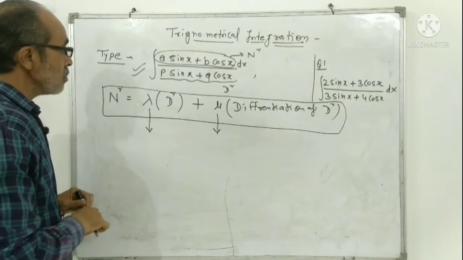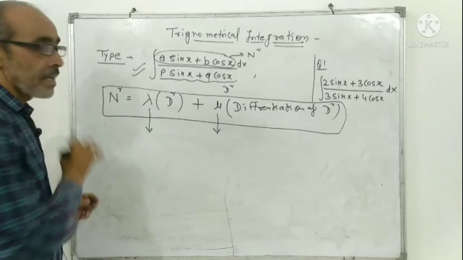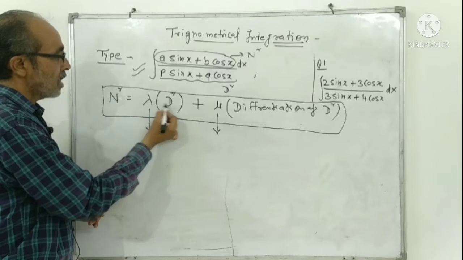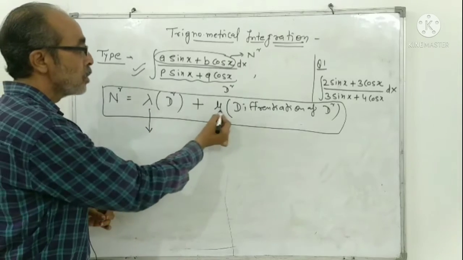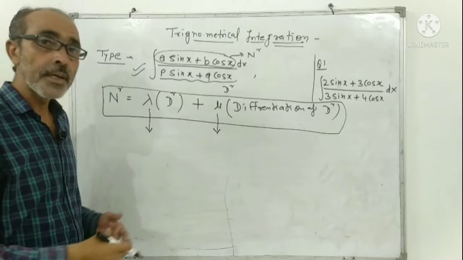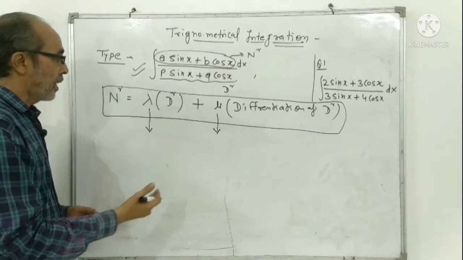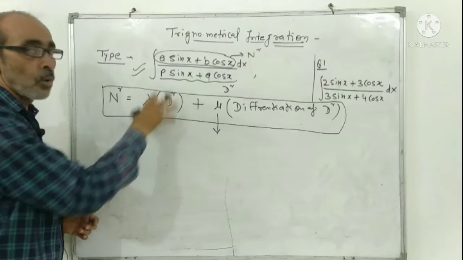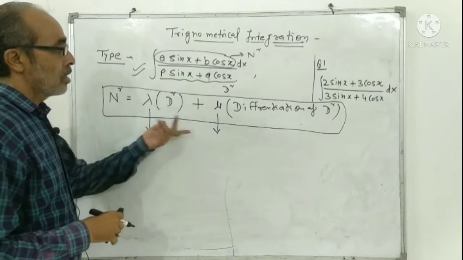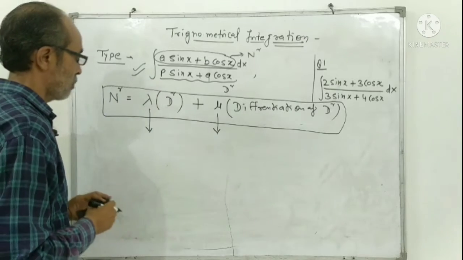So the main step, again I repeat, is that the numerator is equal to lambda times the denominator plus mu times the derivative of the denominator, and after comparing both sides we get the constants, and we solve this type of integration.